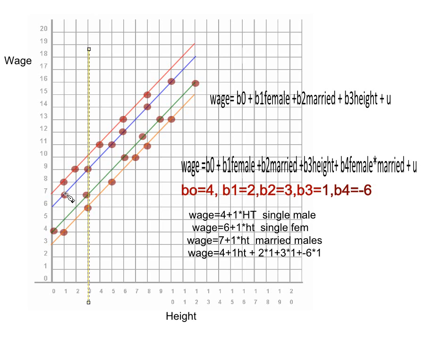But when we look at a married female, we have to do 2 things. Add in the 3 for married and subtract the 6, because they're a married and a female. And so if you take a single female and you add in the 3, 1, 2, 3, and then you subtract 6, you get back down to this orange line, predicting our value.